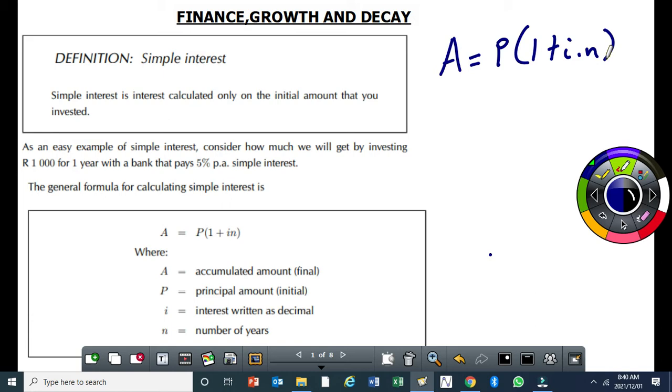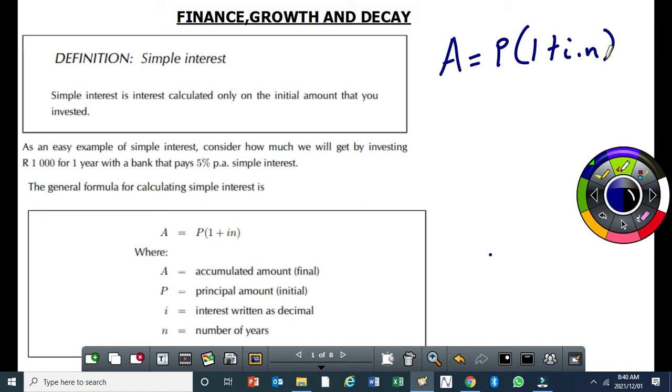The A represents the future amount or the accumulated amount. That is the amount that was borrowed plus the interest. Then the P, in financial math, is called the principal amount or the initial amount. Or you can also call it the borrowed amount.